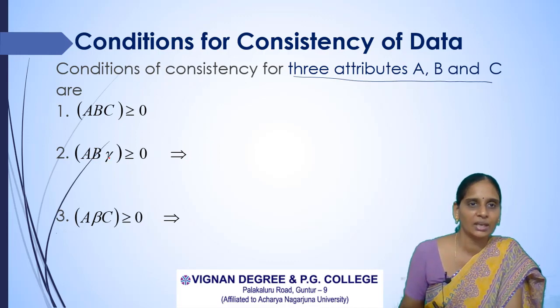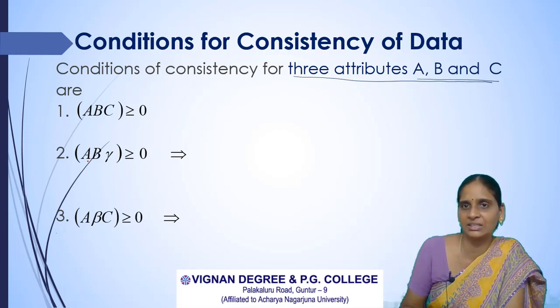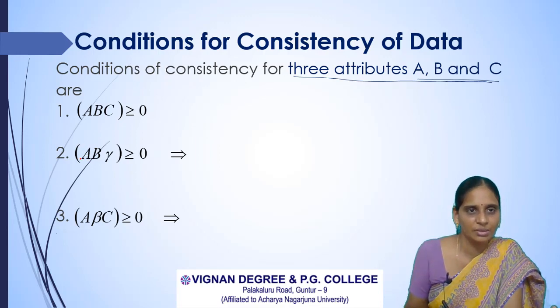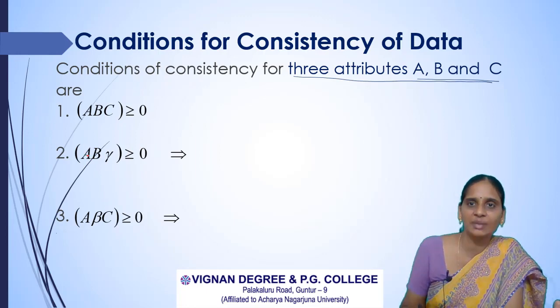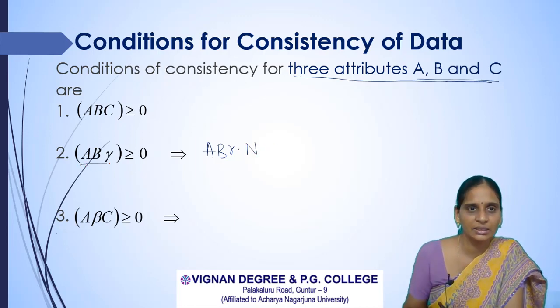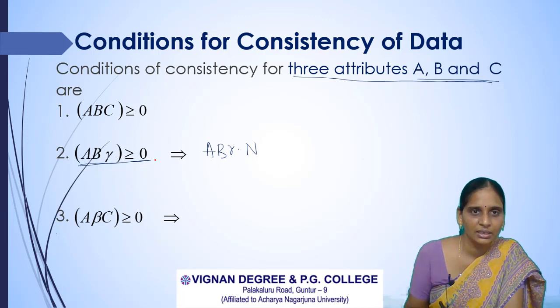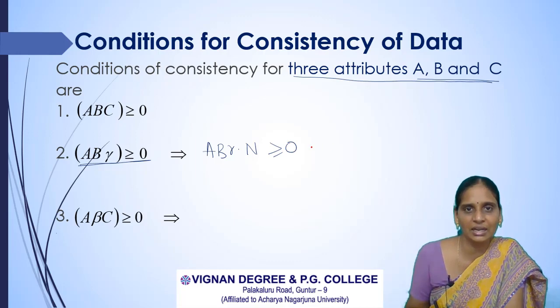So this implies again frequency of AB gamma can be expressed in the letters A, B, C. So here we have to take letters A, B, C. Then we have to write down frequency of AB gamma like this, AB gamma into N, which is greater than or equal to 0.